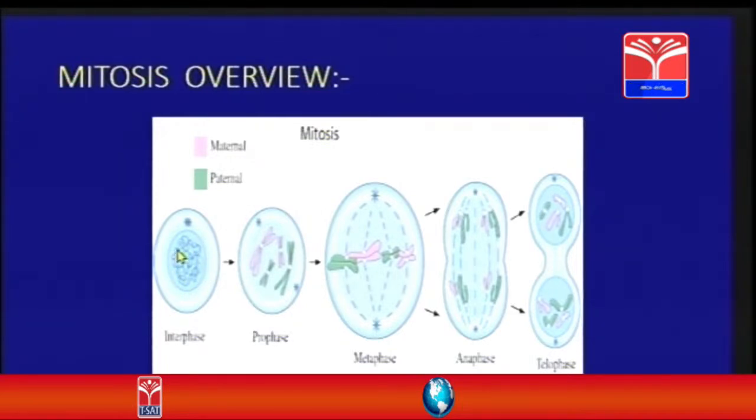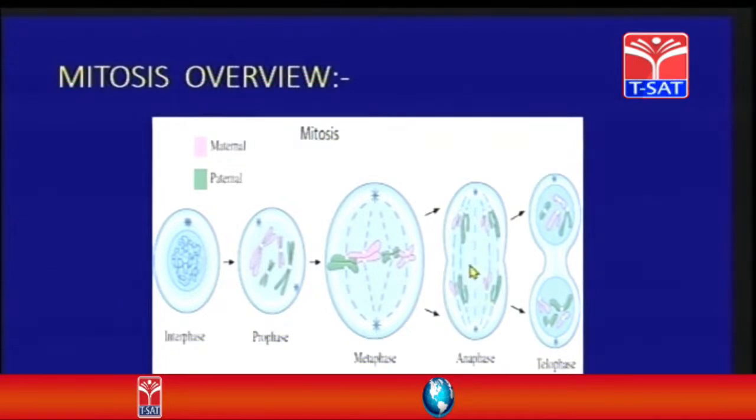Immediately after interphase, prophase will take place, where the chromosomes condense and thicken. In metaphase, the chromosomes move towards the middle of the cell with the help of spindle fibers attached to the centriole. That is, the centrioles attach the spindle fibers to the chromosomes, and they are brought to the middle of the cell. In anaphase, the chromosomes are moving towards the respective poles.